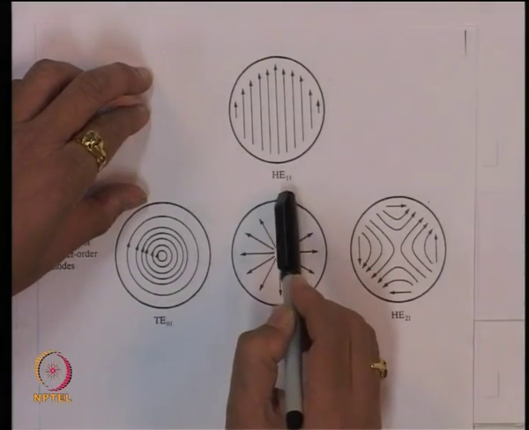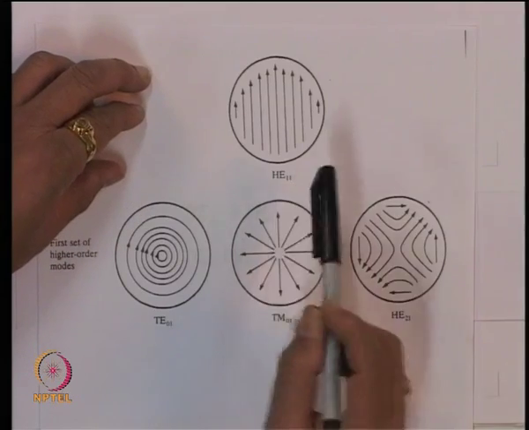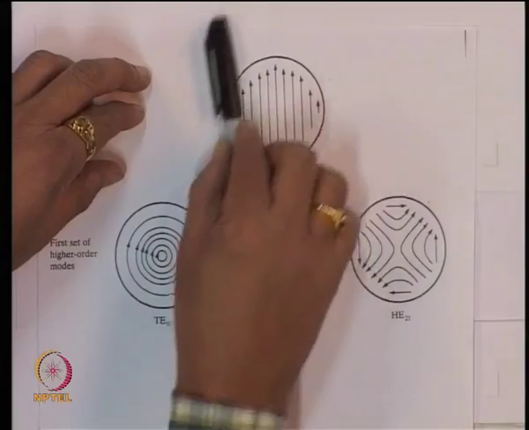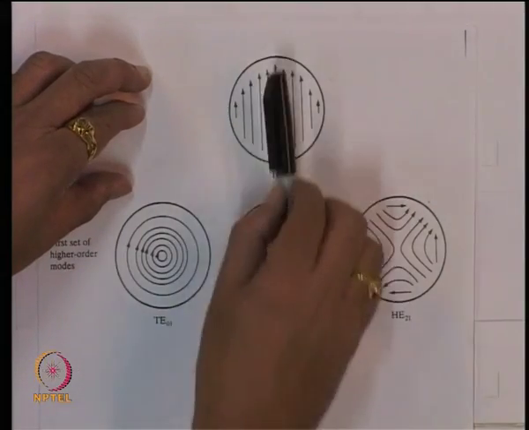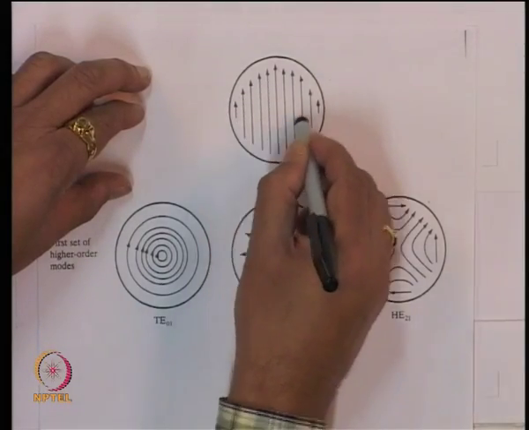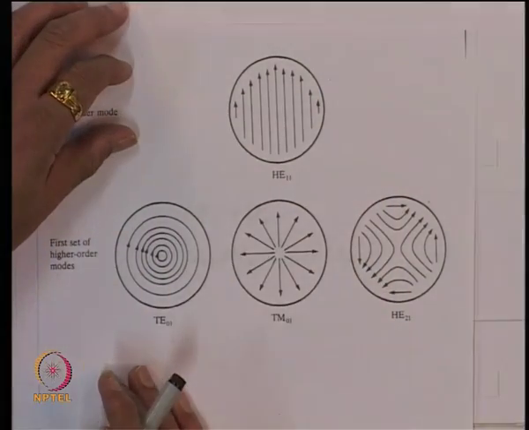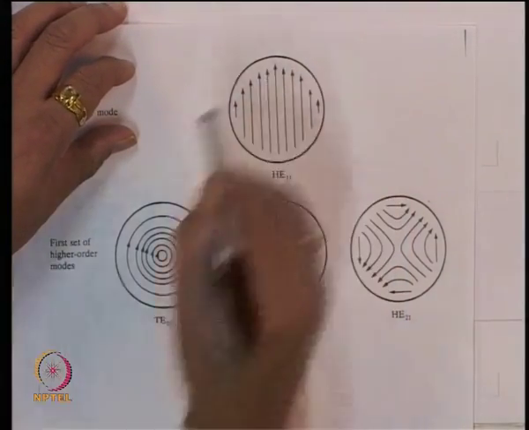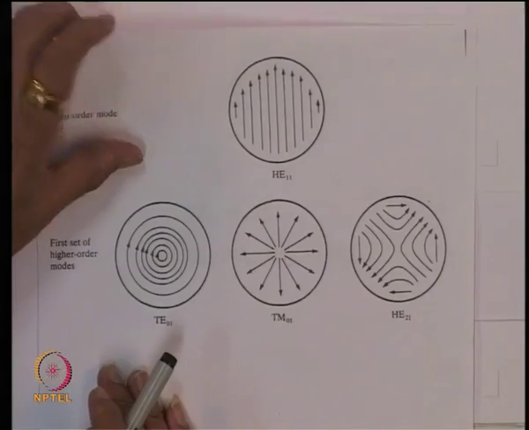For the HE mode the first index was 1, but as far as the linearly polarized nature is concerned, it does not have any variation in the phi direction, because once the direction is taken care of, the intensity is going to be the same everywhere for a given value of R. As I change the value of phi, the electric field amplitude does not change.